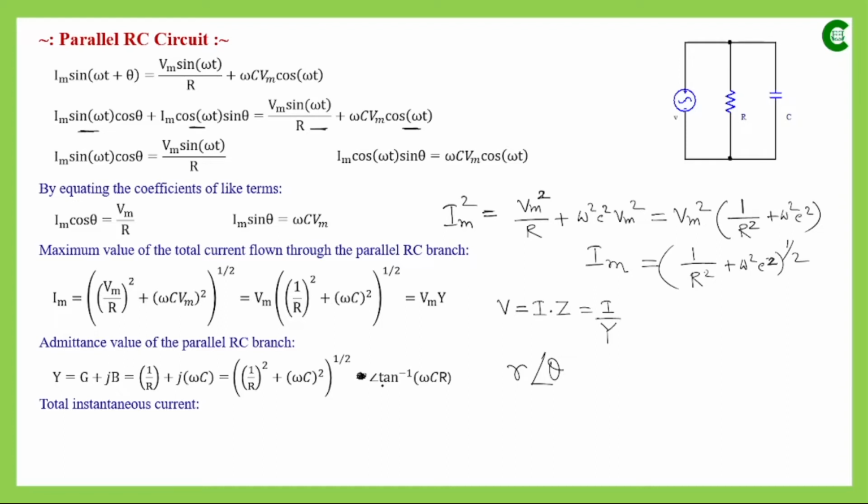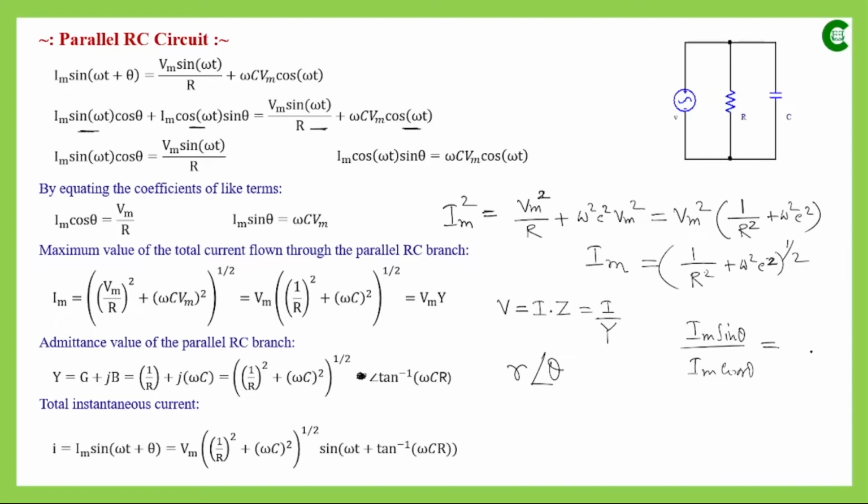Now next we will express the total current in that branch, and this time it will be the instantaneous total current. So i can be written as Im, the peak value, sine omega t, and then the phase difference between that total current and the applied voltage. Since we have already seen that the phase angle is leading in nature, it will be plus theta, and theta we can obtain from the two equations, as we have seen several times: tan theta is Im sin theta divided by Im cos theta.